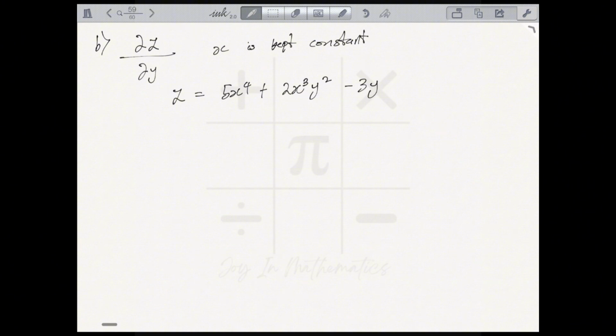Now, since x is kept a constant, we can put in brackets everything regarding x. And we know that 5x raised to power 4 will be multiplied by 1.